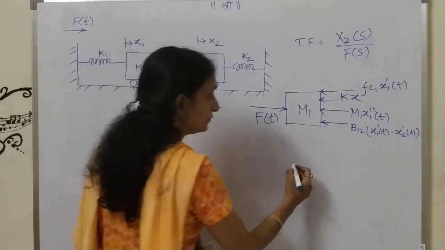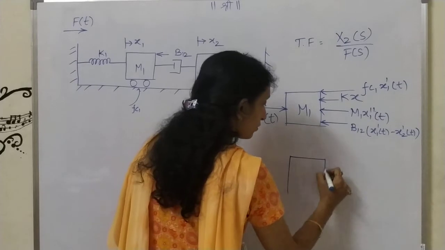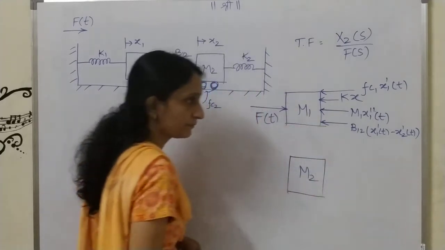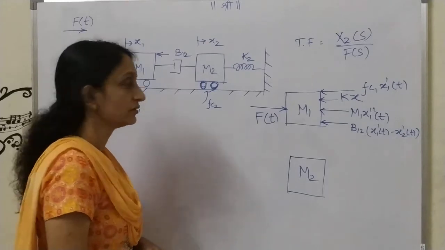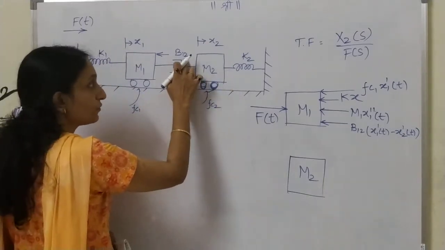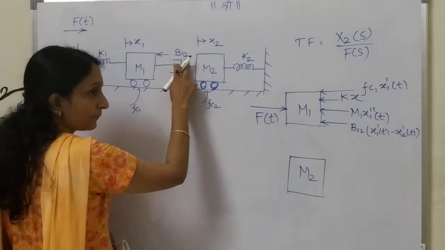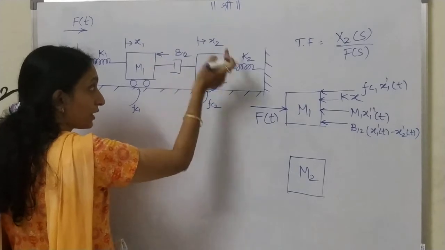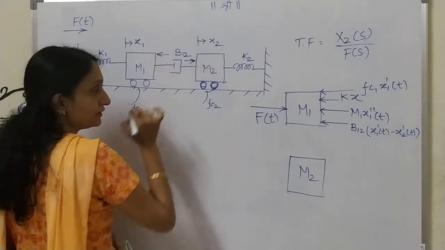Now we will draw the free body diagram for mass m2. What is the input force? The input force on m2 is the force because of the damper. Look at this, here I have shown the direction, so for m2 it will be in the opposite direction.